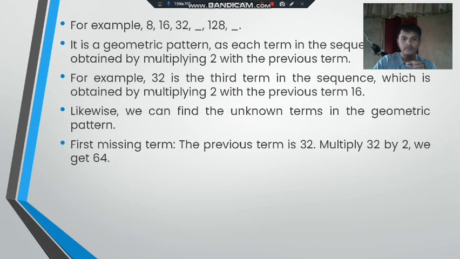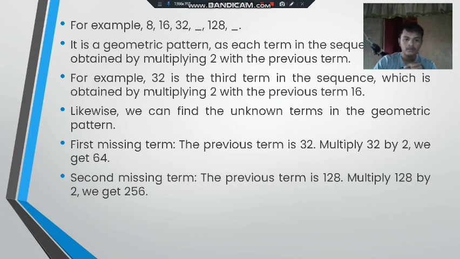First missing term, the previous term is 32. Multiplying 32 by 2, we get 64. So 64 is the answer. The second missing term, the previous term is 128.